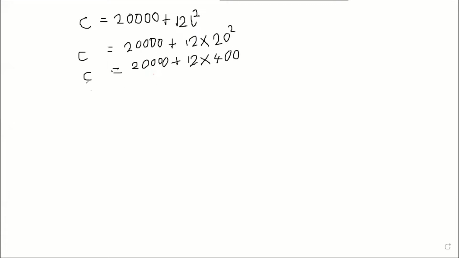So C is equal to 20,000 plus 12 times 400, which is 4,800.